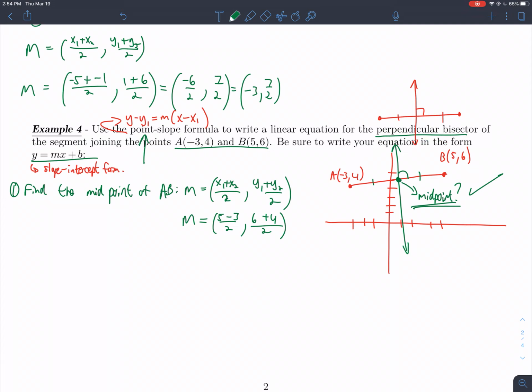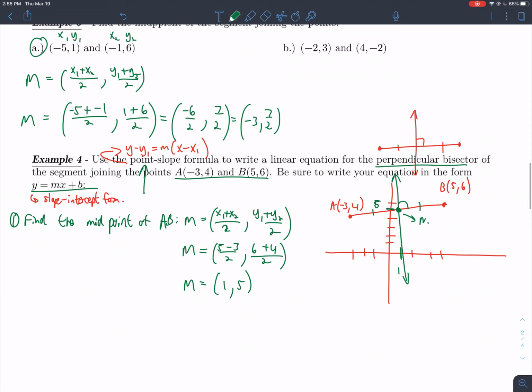And so the midpoint is 2 over 2, which is 1, and this would be 5. Now my picture looks right: 1 and about 5. Yep, that looks right. So we found the midpoint. Let me write, M is 1, 5.